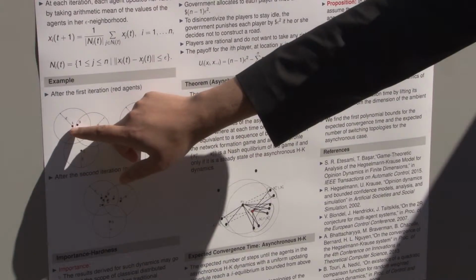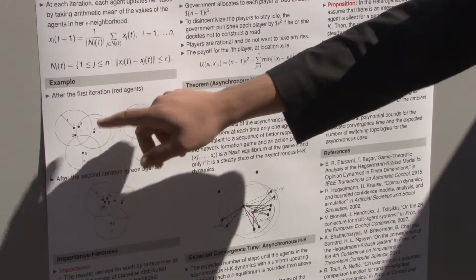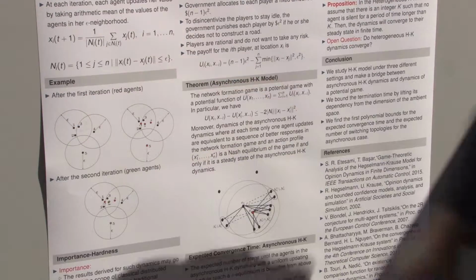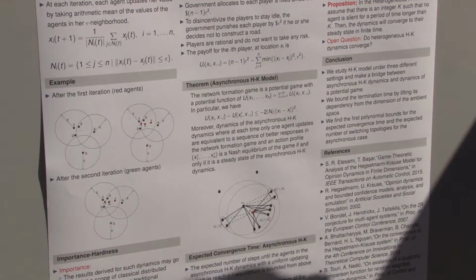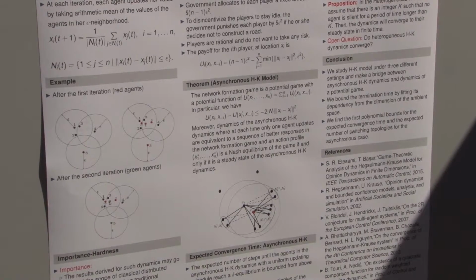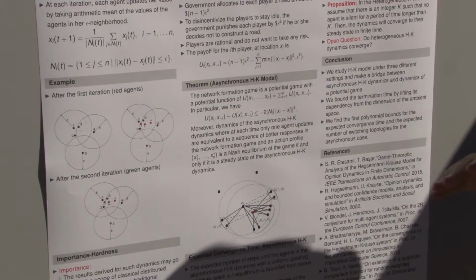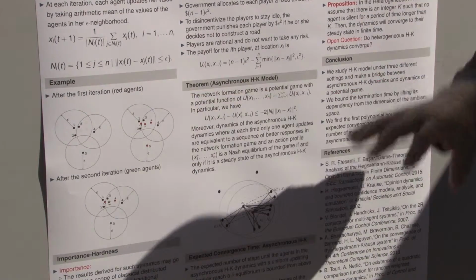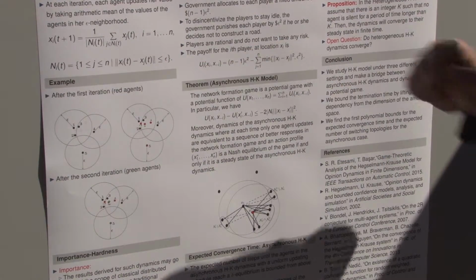For example, here we have 5 agents, and the position of each agent represents its opinion. Each agent has a confidence bound epsilon, so he can only communicate with the people within his epsilon neighborhood. At each time step, that agent takes the arithmetic mean of the agents in his neighborhood and moves to that location.